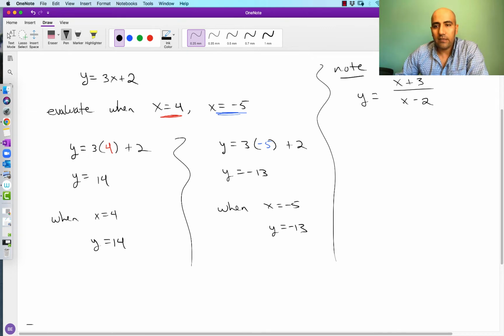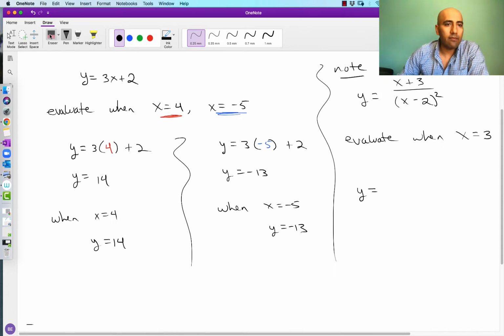But notice that this is just another copy of the same variable. And in fact, let's go ahead and make it squared, like that. So now evaluate when x equals 3. So if we do that, then we end up with y equals, well, I don't want it to be confusing with that 3. Let's make it a different value. How about 5? And x equals 5.